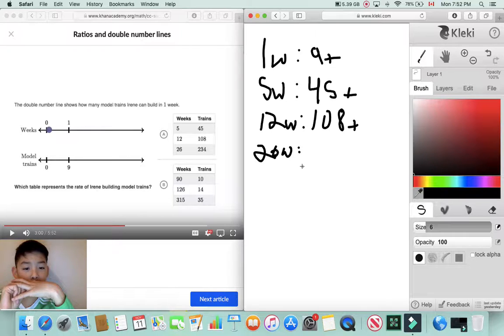So we have to double that up. So that is 216 plus 18. 16 plus 18 is 34. And that's 234. Yes, it is.